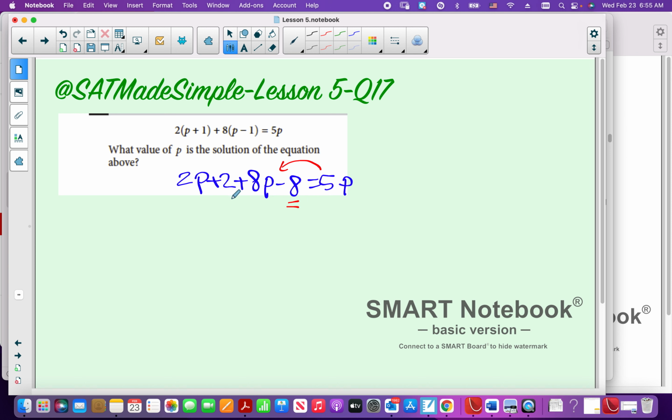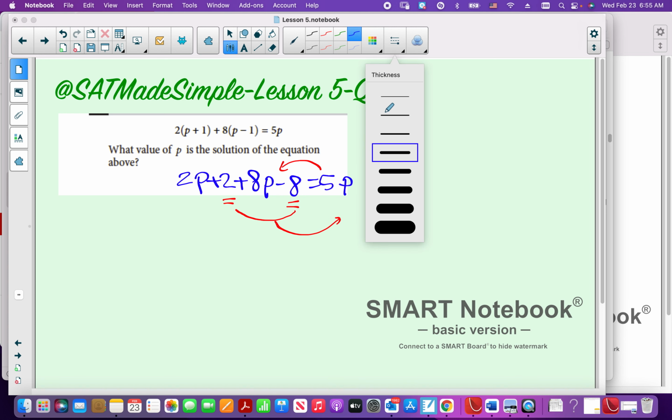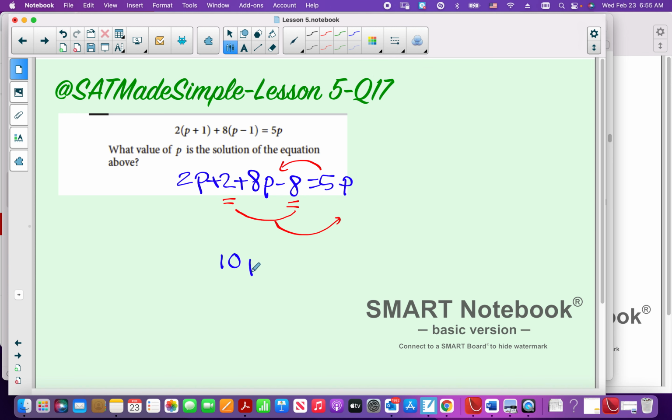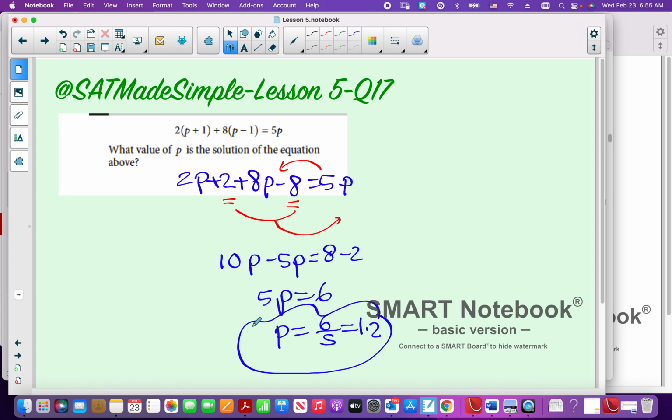Minus 8 plus 2 is minus 6, and both of them will be moved to that side. That makes 2p plus 8p, 10p, minus 5p equal to 8 minus 2. 5p is equal to 6, so p is equal to 6/5, or in decimal 1.2, my final answer.